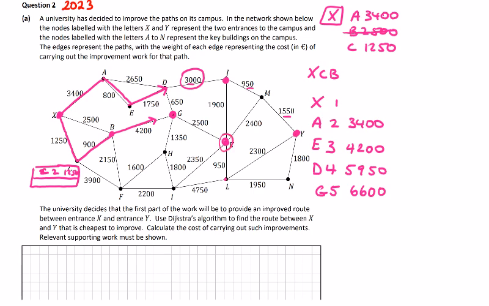K would then be node 6. Another 2500 will be 9100. And that would have J then as node 7. Another 1900 will be 11,000 at this point. So is that quicker than going D to J, J being node 5? We're only adding 3000 on. 8950 is definitely quicker or cheaper going in that direction.